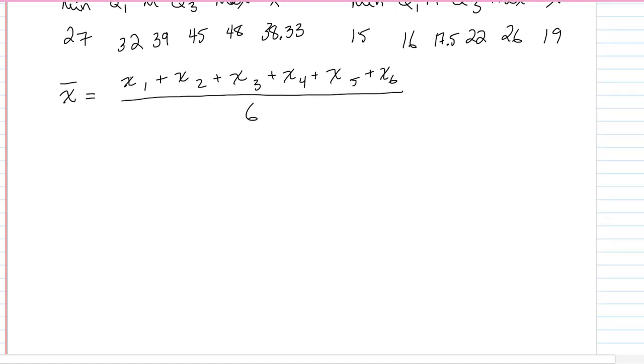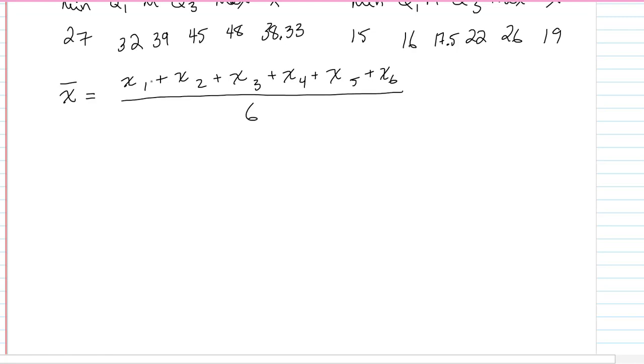Okay, so we would plug in each of those pieces of data. For example, for booth 1, this would be x1 is 32, x2 is 48, x3 is 45, x4 is 38, x5 is 27, x6 is 40.